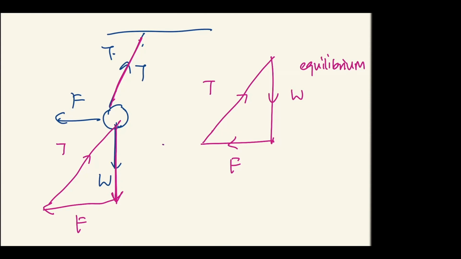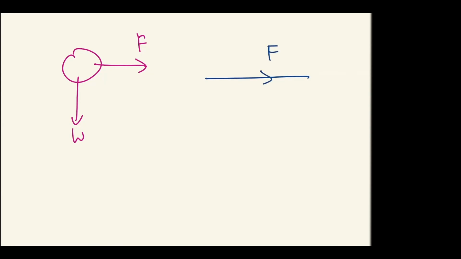Now let me give you another example. So let's just say there's a ball, there's a weight here, and there's a force that is pushing it to the side. Okay, so how do I know where to draw my resultant force? Very simple. Once again, I draw my force, I draw my weight. I must complete the rectangle or complete the parallelogram depending on what the question gives me. This is a very simple setup. So I will complete it.